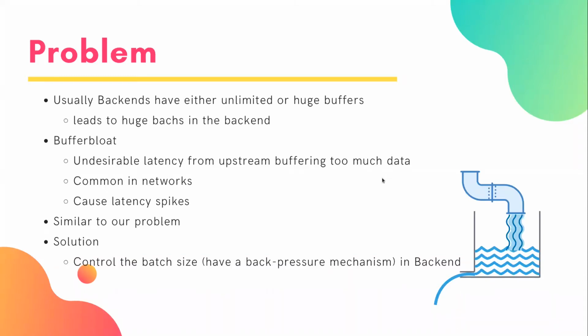This is really common in networks, and it is solved in networks, which is really interesting to us because if you look at our problem as Bufferbloat, there are a lot of solutions to that right now. The solution is about limiting the incoming data from the upstream and limiting the amount of that data.